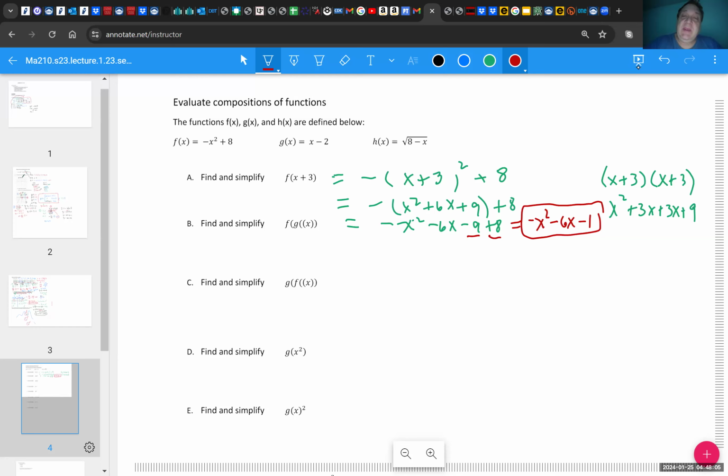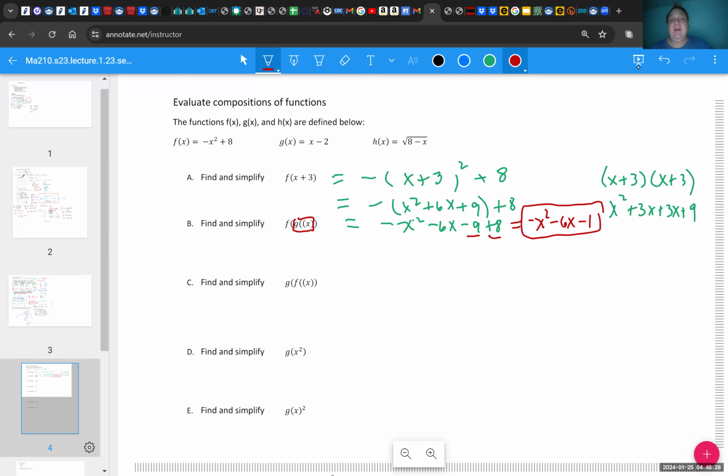Well, in example B, we have f parentheses g parentheses x parentheses parentheses. It's getting a little more complicated. So what's going on here? Well, it's really kind of the same problem as we saw before. It's f of a thing. We're taking this thing that's inside the parentheses, like f of x plus 3. We just did that before.